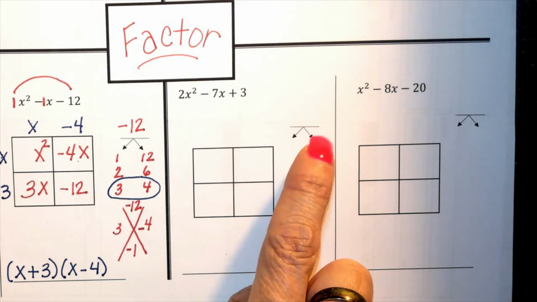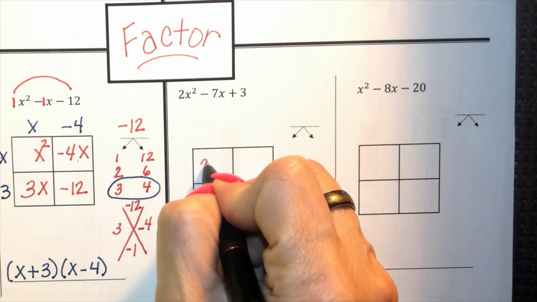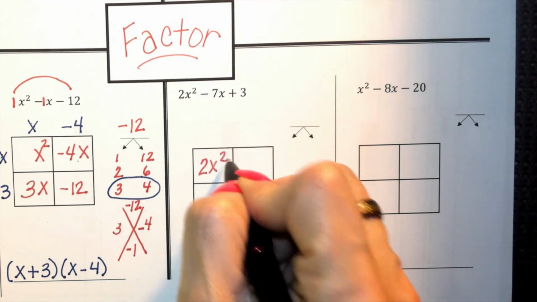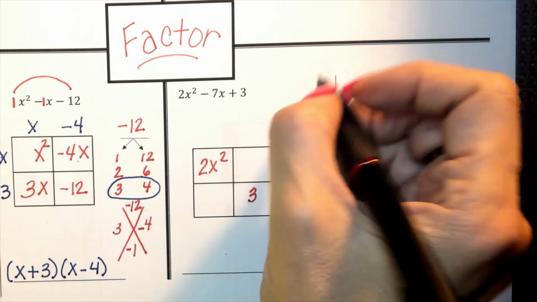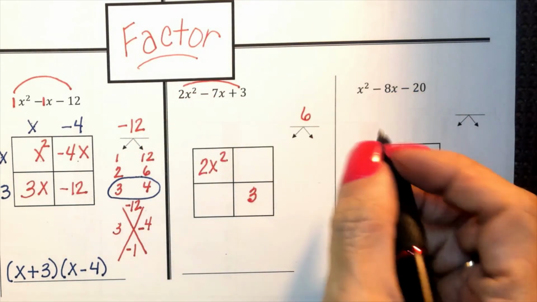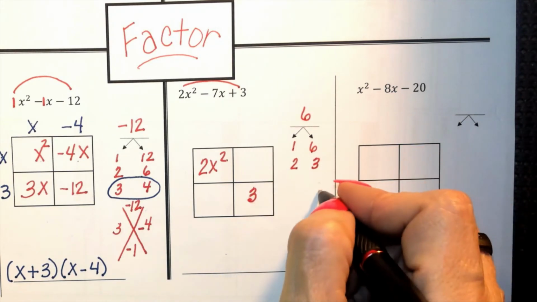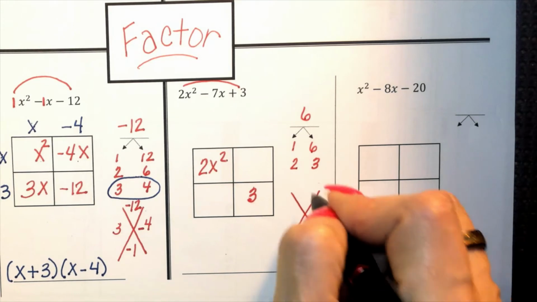So I'm going to go ahead and start putting my numbers into 2x squared and 3. 2 times 3 would give me 6. Factors of 6: 1 times 6, 2 times 3. Multiply to give me 6, add to give me negative 7.